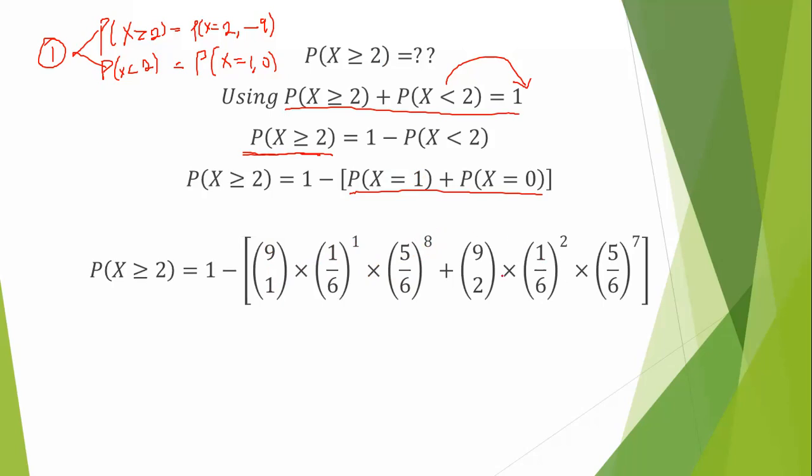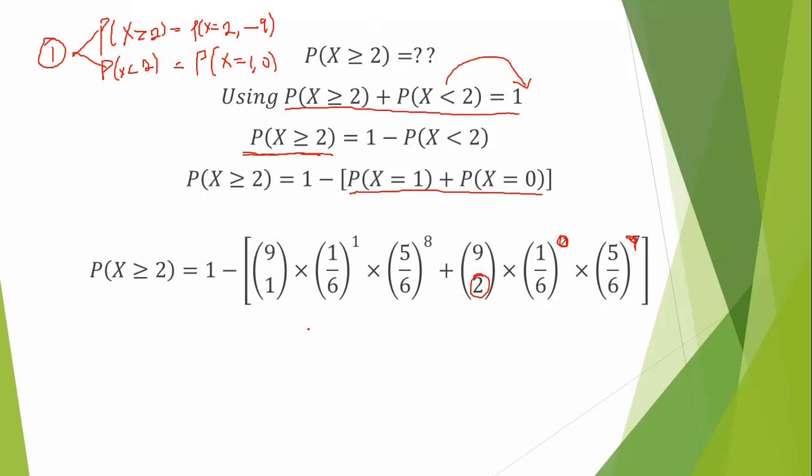Okay. I guess this one has some errors. Karen, do you have a calculator? Then probability of x equaling to 0 would be 9 combination 0, 1 over 6 to power 0, then 5 over 6 to power 9. So this one here was a type of error.